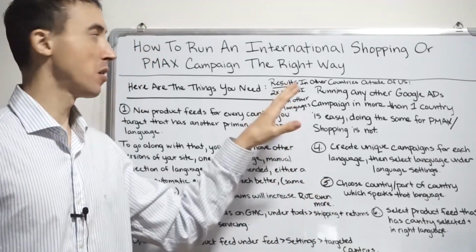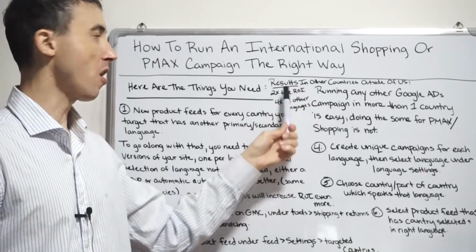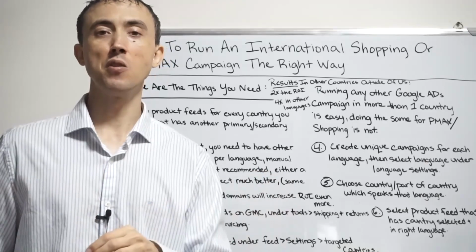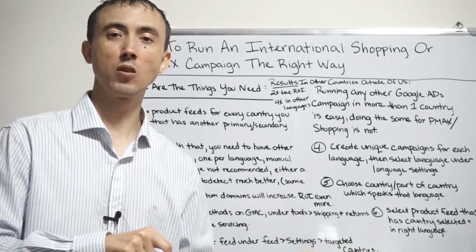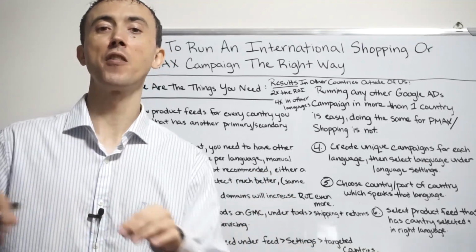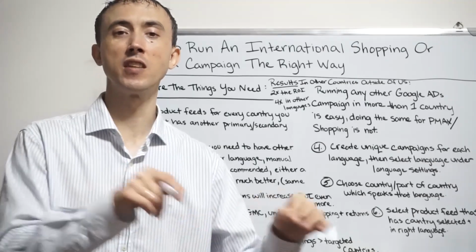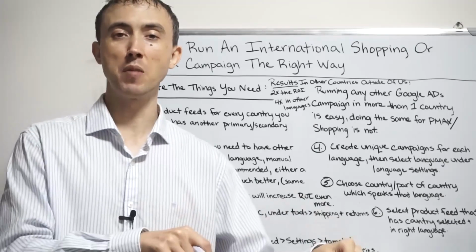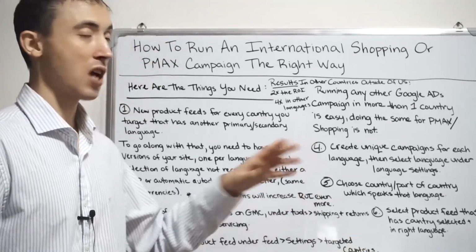But going back to what I was saying about the results, your ROI will typically be upwards of double outside the US when targeting other English-speaking countries, if you're already selling in English on your site with your existing PMAX campaigns or shopping campaigns.